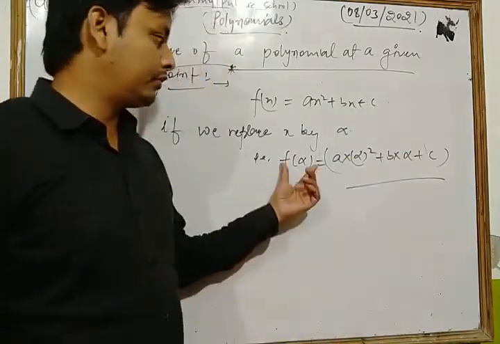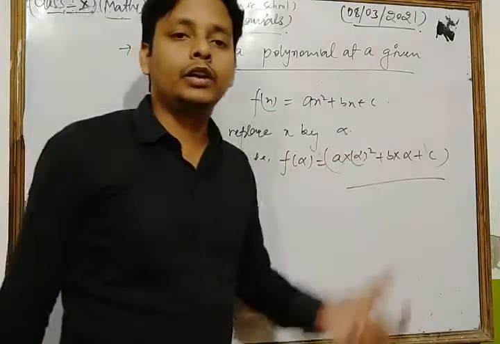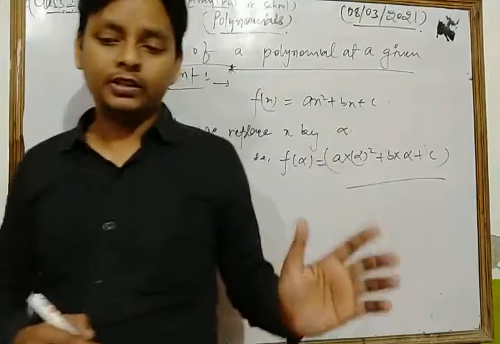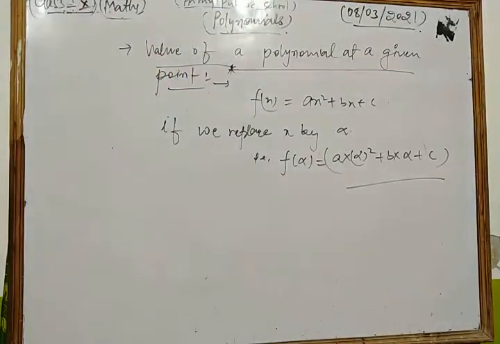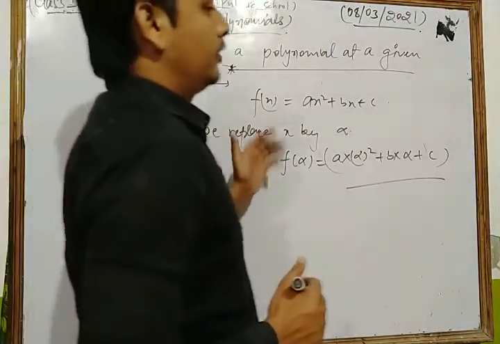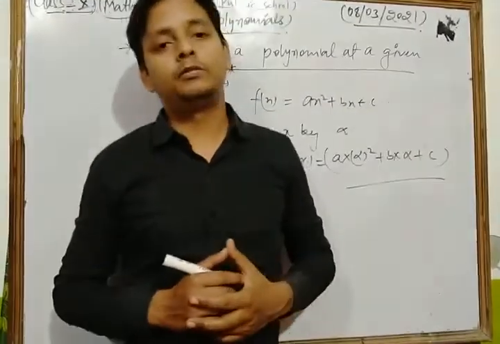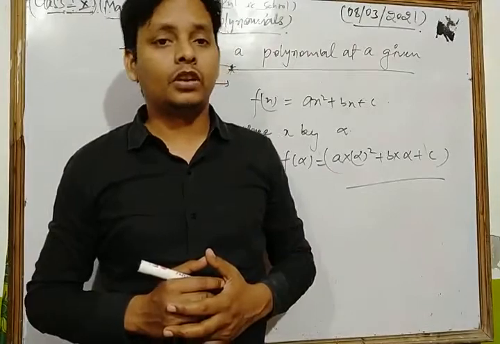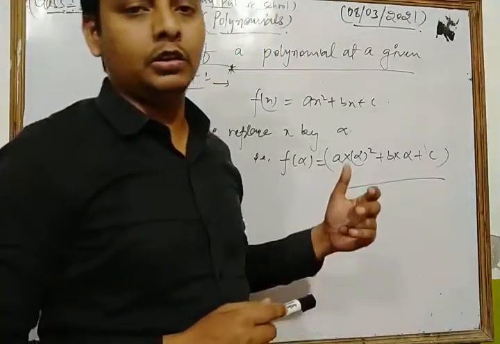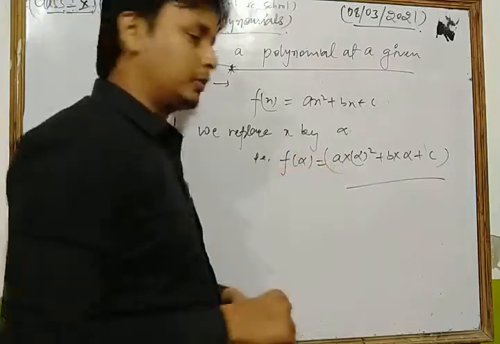Then the value f of alpha is called the value of the given polynomial at the given point alpha. So this is the concept of the value of a polynomial at a given point. Now, dear students, we are going to discuss some example-based questions on this topic. Let's see.